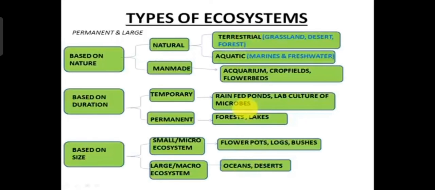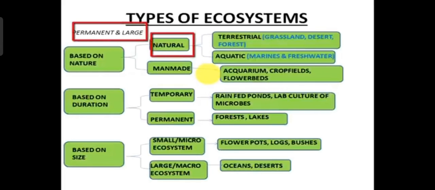But you have to understand whether it is a permanent or a temporary ecosystem, whether it is a small or a large ecosystem, or whether it is natural or man-made. Most of the natural ecosystems are permanent and they are large in nature. So these are the various types of ecosystem that are available in the environment.